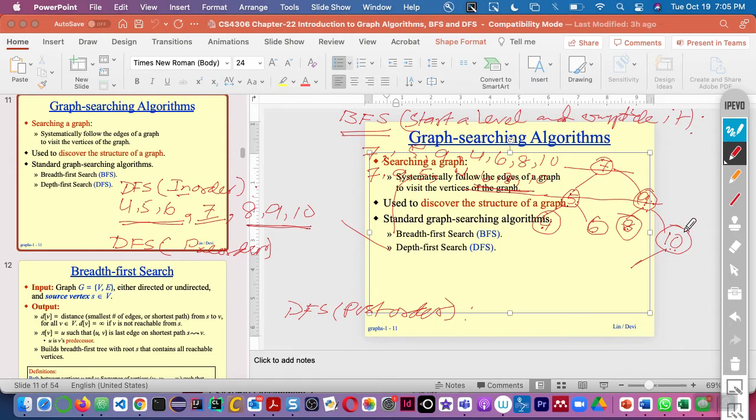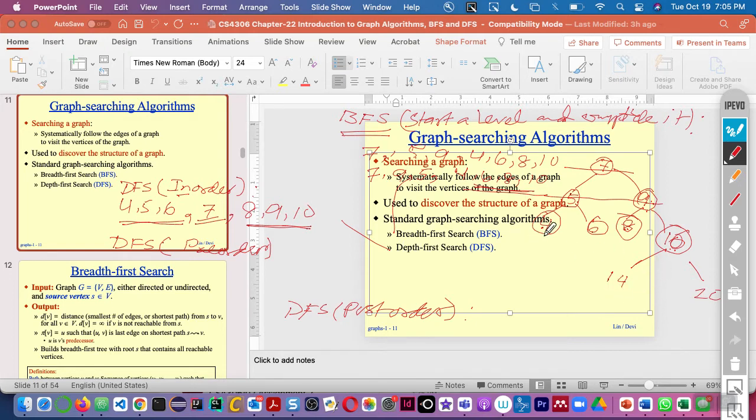Let us see, 16 will work over here. 16, and then let me say 14, and then let's say 20. This will not be a complete subtree, right?